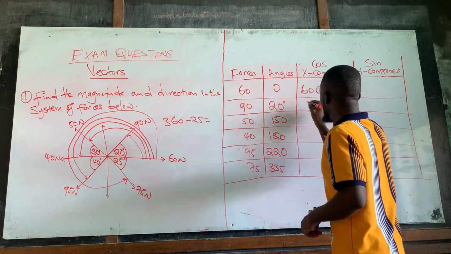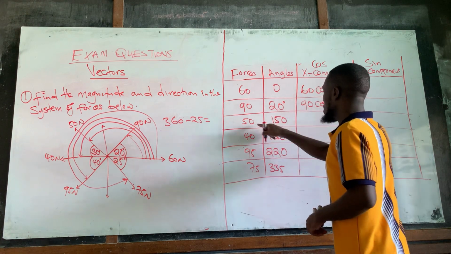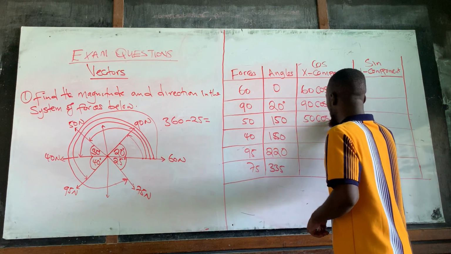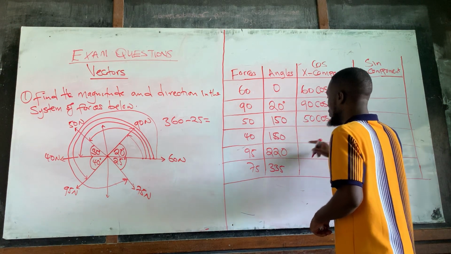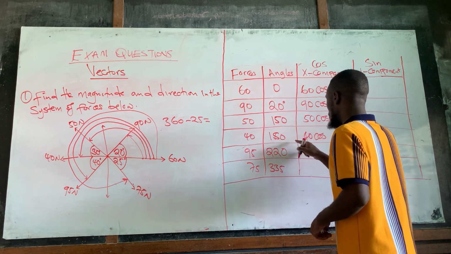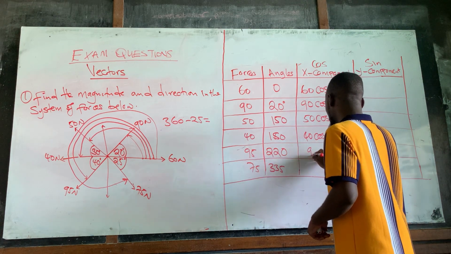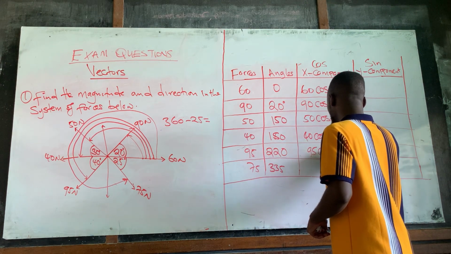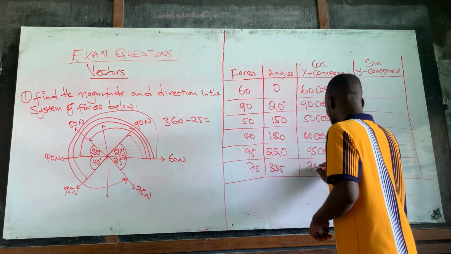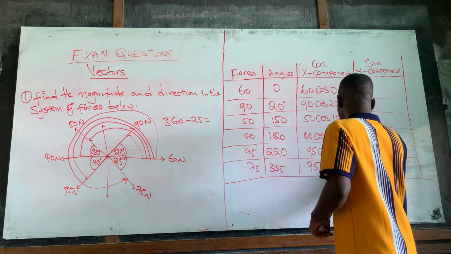Again, we do the same here, 90 cos 20. 50 cos 150. 40 cos 180. 95 cos 220. 75 cos 335. As simple as that.